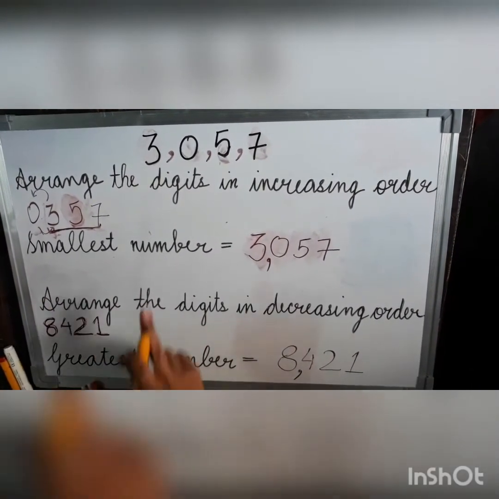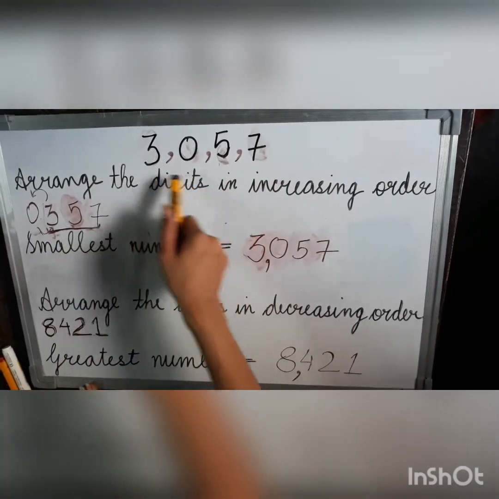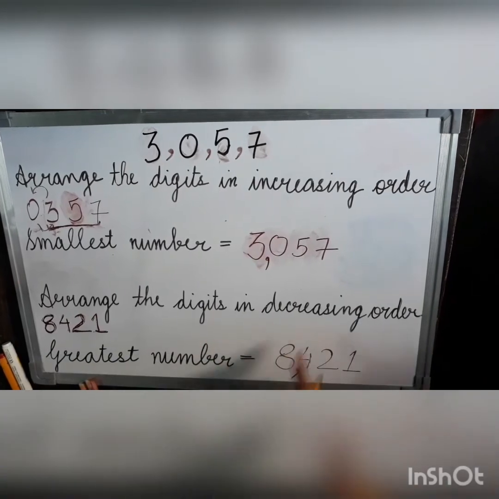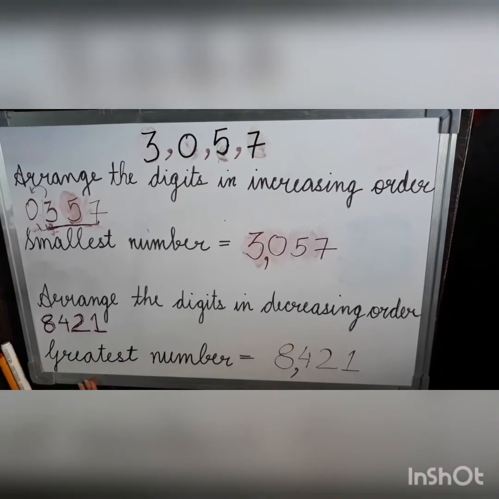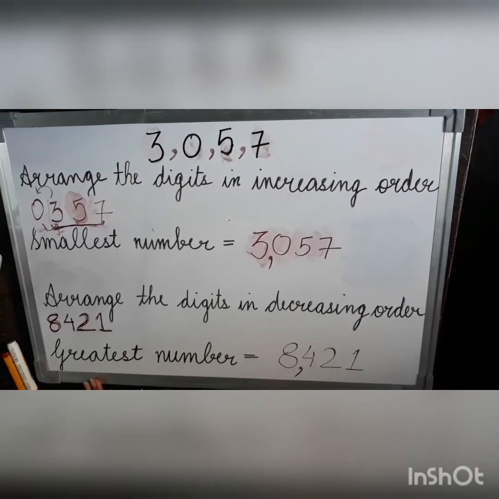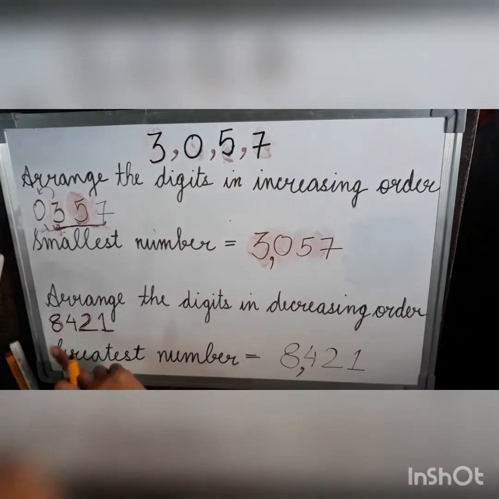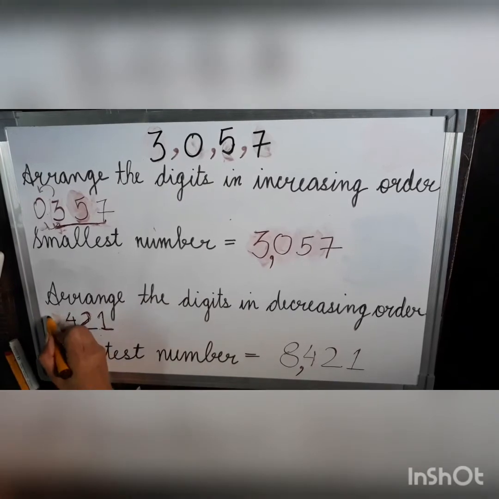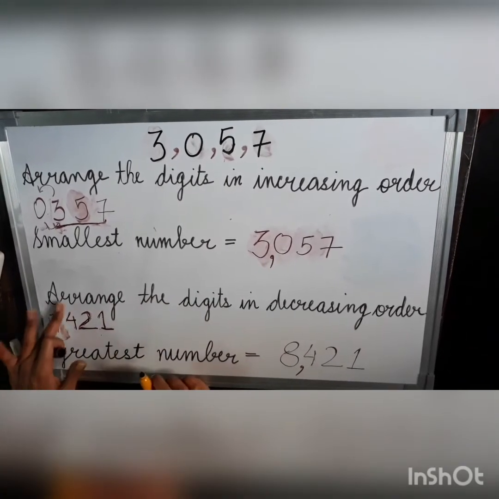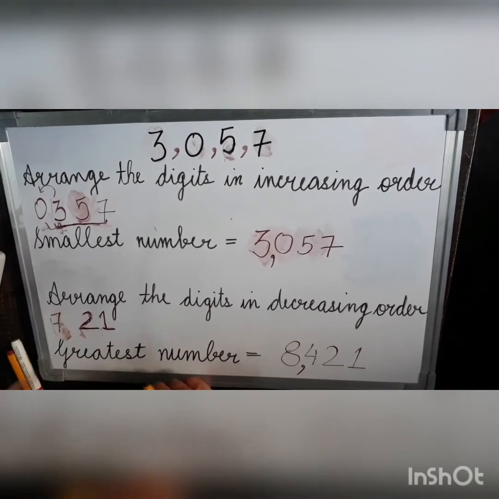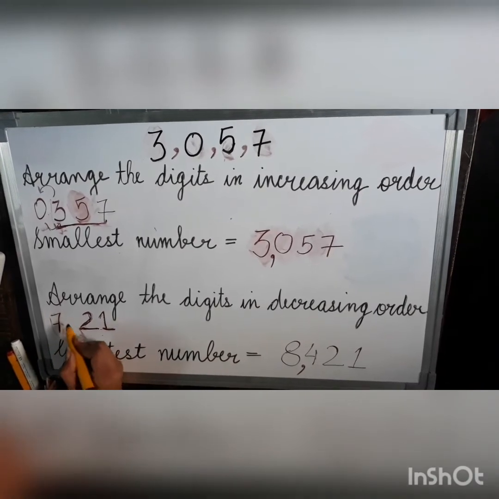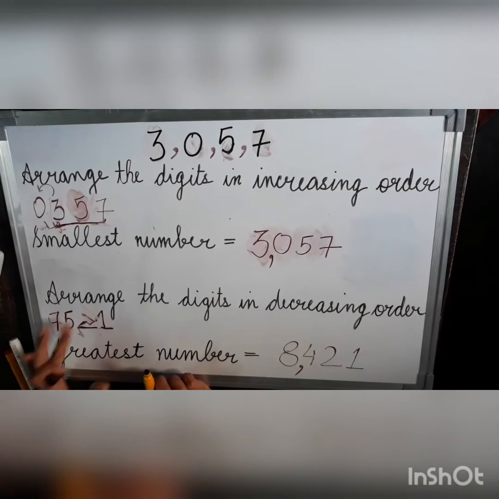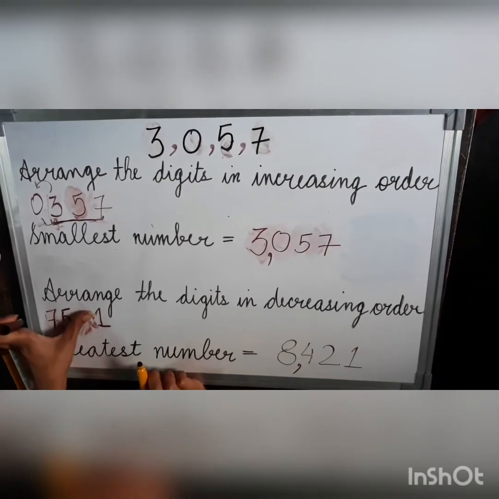Now if we have to form the greatest 4-digit number using these 4 digits, then we have to arrange the digits first in decreasing order. In decreasing order, which digit will come first? The digit which will come first is 7. Then after 7, which digit will come? After 7 we will have 5. After 5, which digit are we going to have?